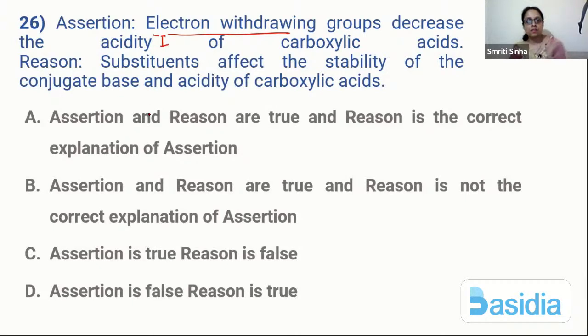As they show minus I effect, they stabilize the conjugate base and acidity will increase. So assertion is false. Reason is correct actually, because substituents affect the acidity of any acid by stabilizing or destabilizing the conjugate base. So reason is true, but assertion is wrong. Therefore option D is correct.